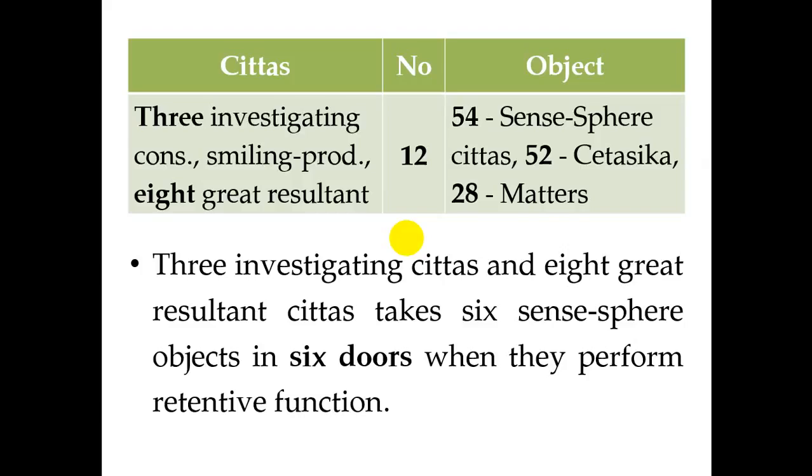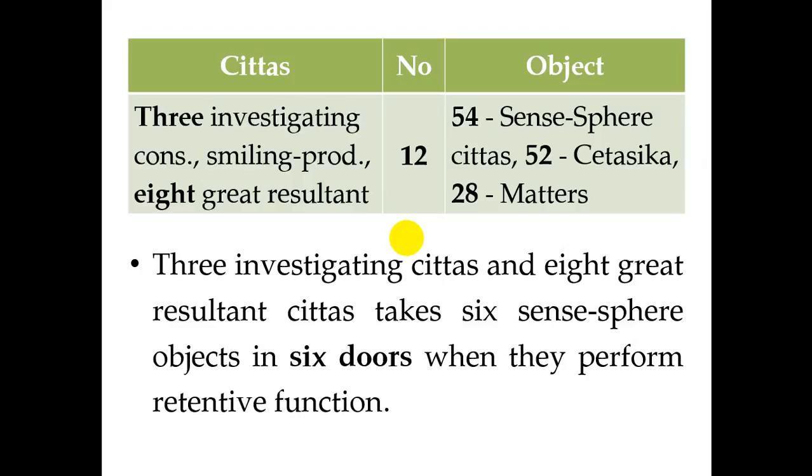Actually, investigating consciousness arises not only in the 5 doors, but also in the mind doors. When we talk about the mind doors, there is no investigating function. We don't need to investigate because the mind is very quick. No time to investigate, no time to receive, right? Right away you will enjoy. You will have a jhana.